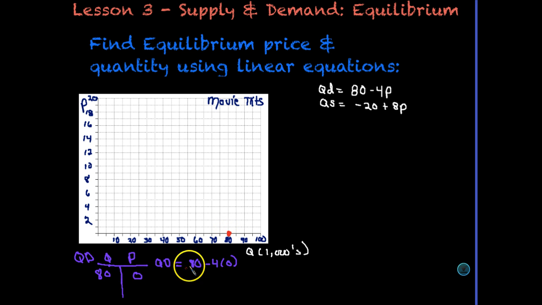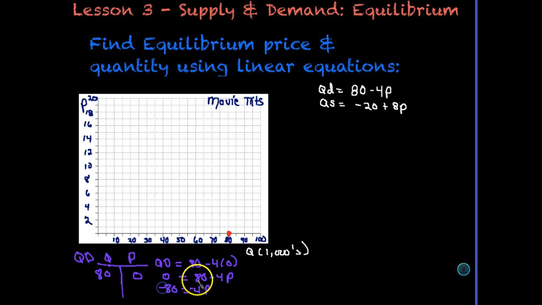Now we need another point because we need 2 points to make a line. So I'll go ahead and see maybe about this axis here. What happens if I plug in a 0 for quantity demanded so that I can find my point on the other axis? So 0 here equals 80 minus 4p. Well, we would subtract 80 to the other side and get negative 80 equals negative 4p.